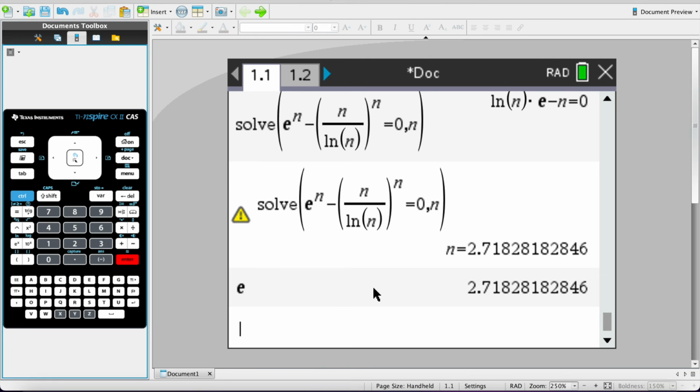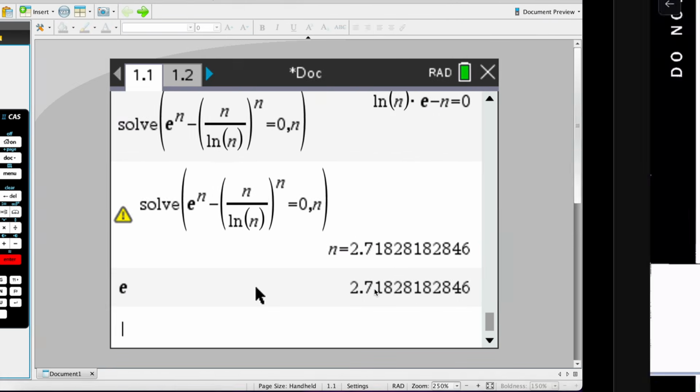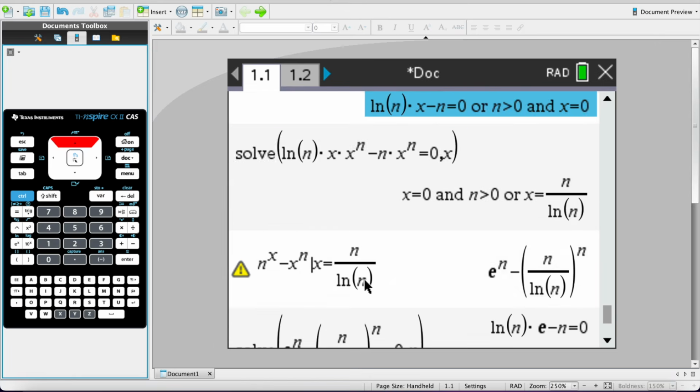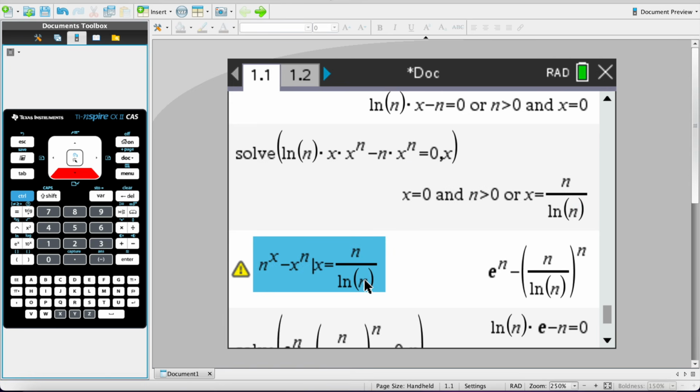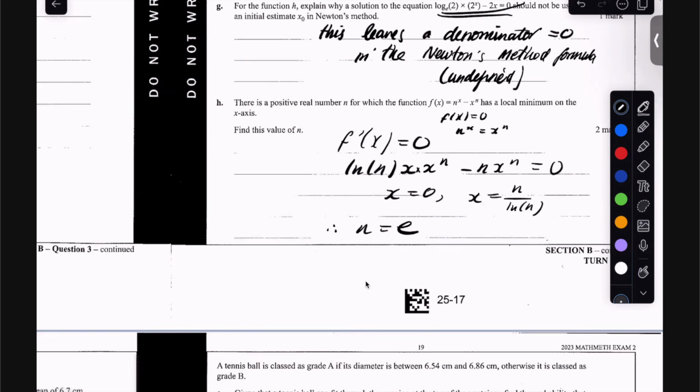Yeah. Okay, so the answer is e. So what I would write is just x is equal to 0, or x is equal to n over ln n. And that means n is equal to e. I'm sure you'll get the mark with that.